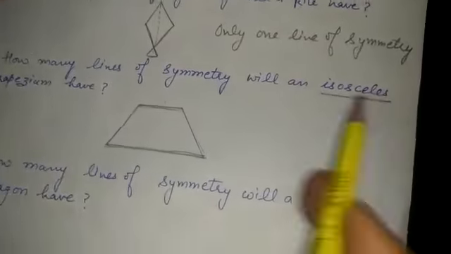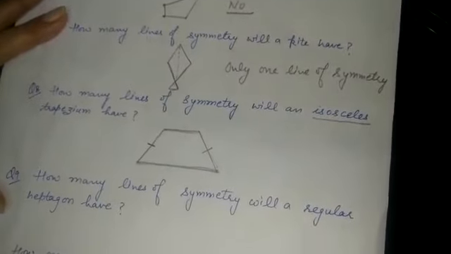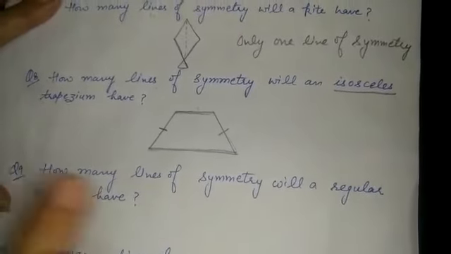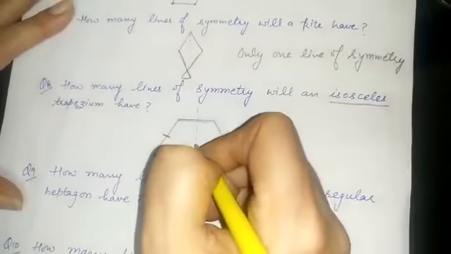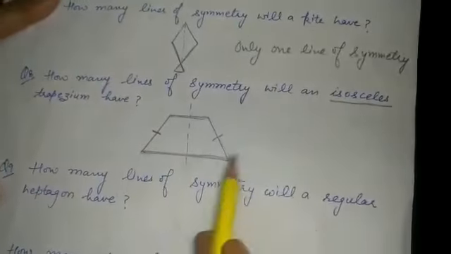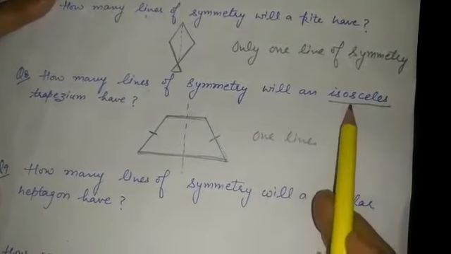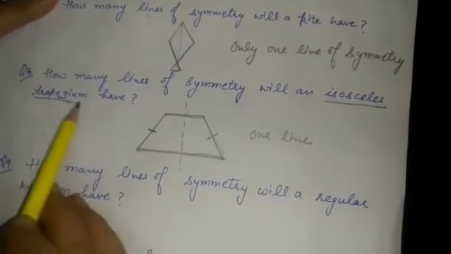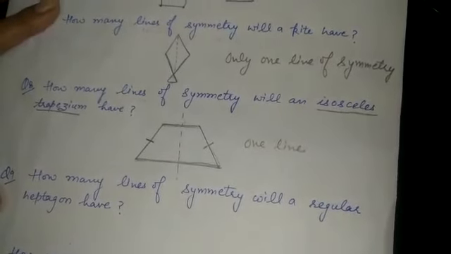Now, what is an isosceles trapezium? When the non-parallel sides are equal. This is an isosceles trapezium. Generally in a trapezium, the non-parallel sides are not equal. It has only 1 line of symmetry only when it is an isosceles trapezium. A simple trapezium has no line of symmetry.